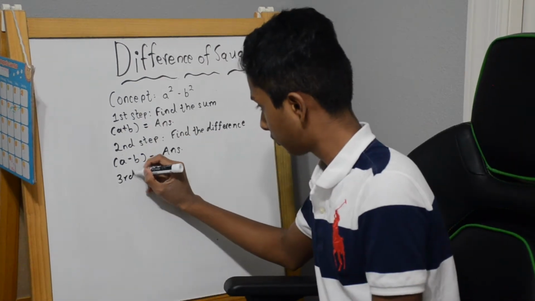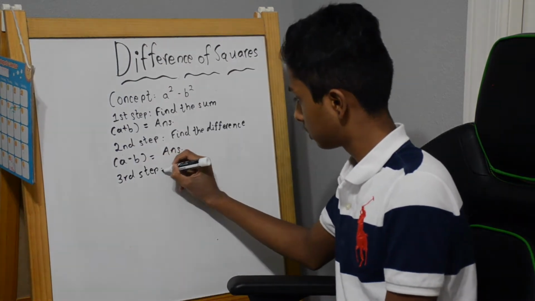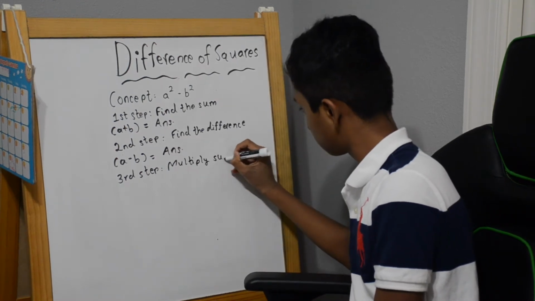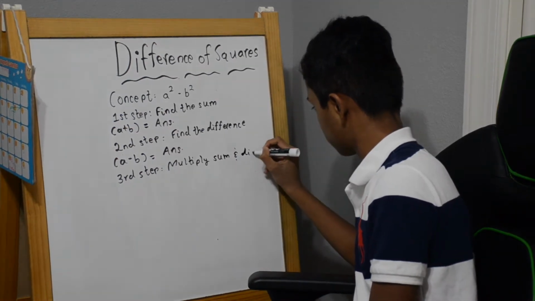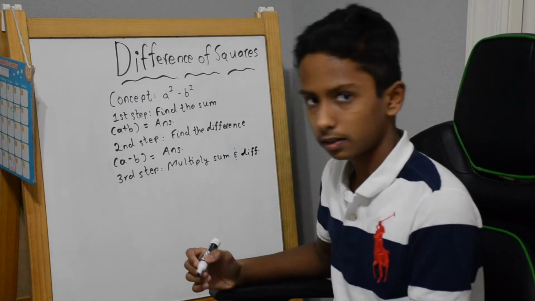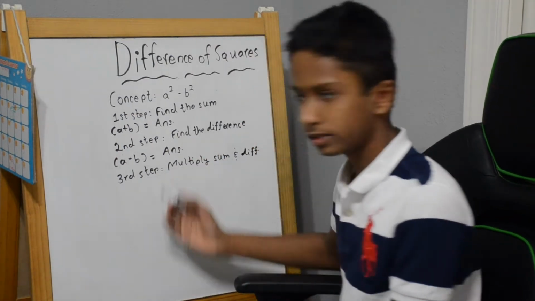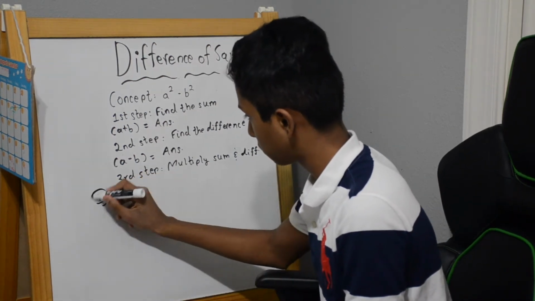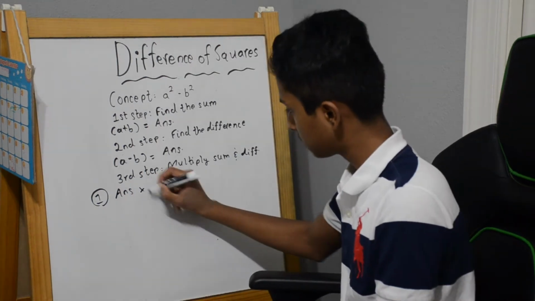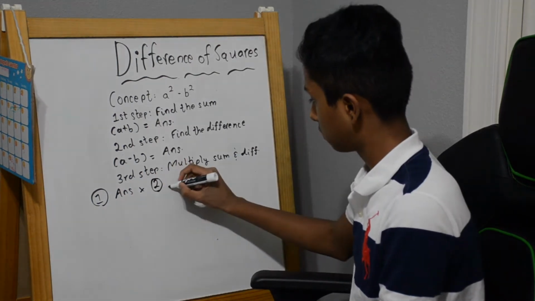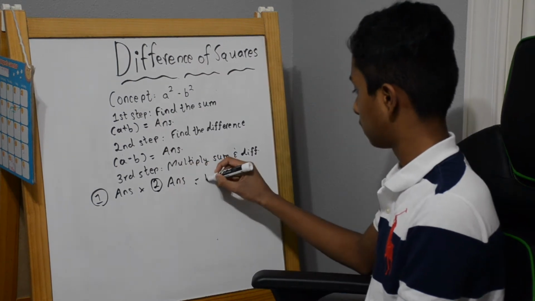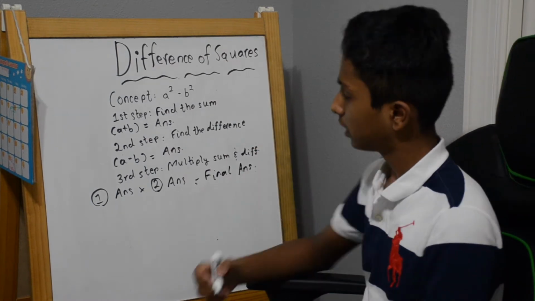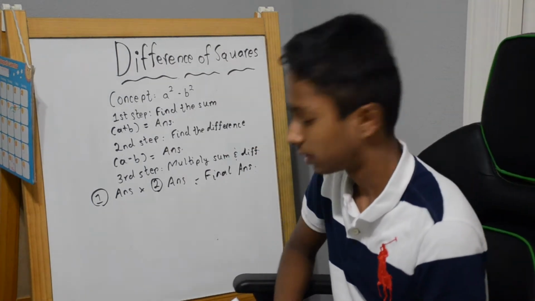And then the third and final step is to multiply the sum and difference. That is the answer you got from the first step times the answer you got from the second step, and that will be your final answer. With that in mind, let's get to our first example of this video.